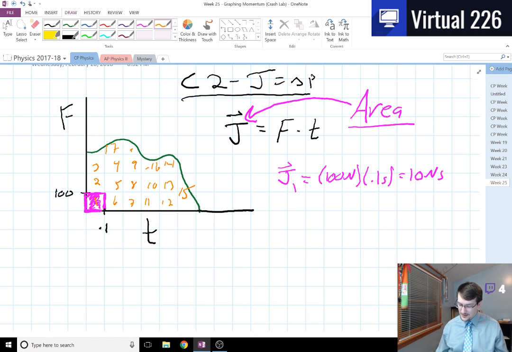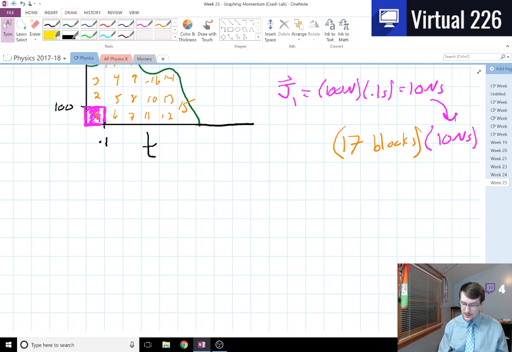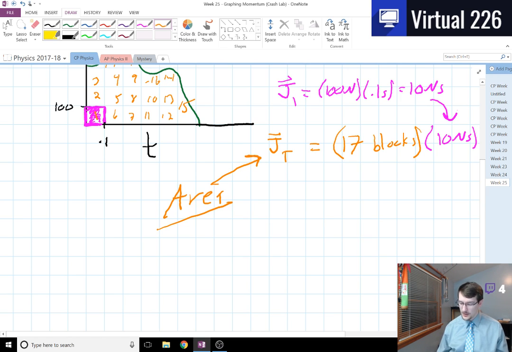If I say that there are a total of 17-ish blocks, and each block is worth 10 newton seconds of impulse, then I know that the total impulse under this curve, the total area under the curve, is equal to 170 newton seconds.